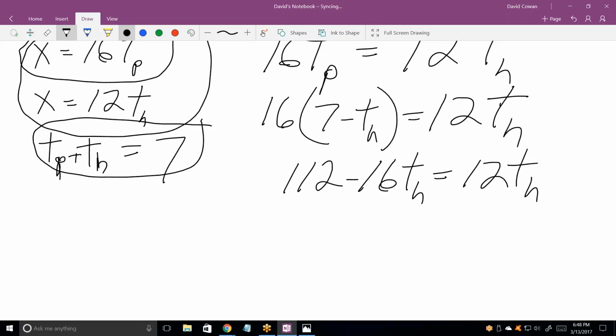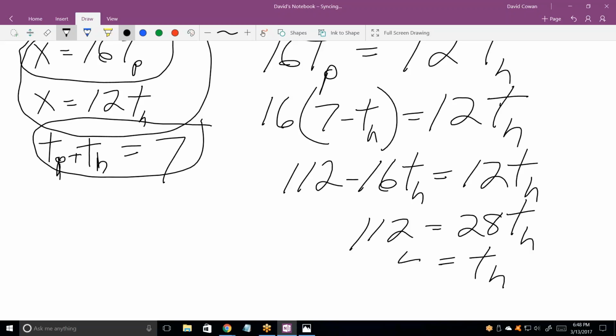You want to get all your variables on the same side and all the things that don't have variables on the other. So I get 112 equals 28 T sub H. Divide both sides by 28. I get T sub H is 4 hours.